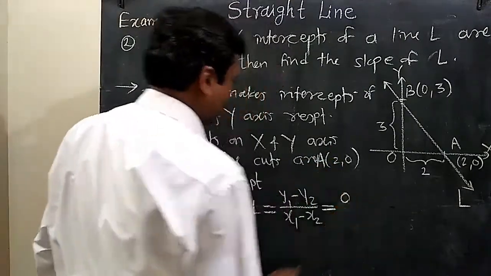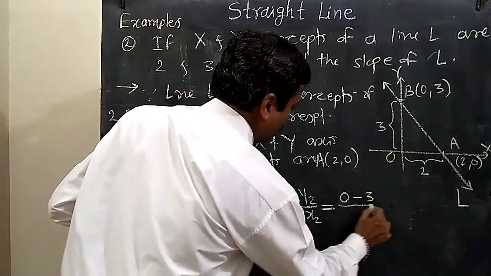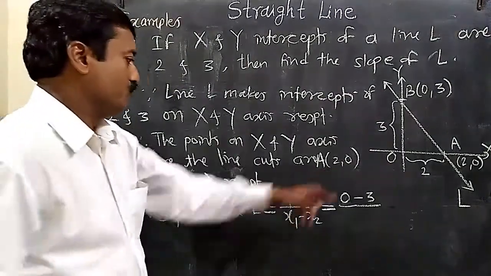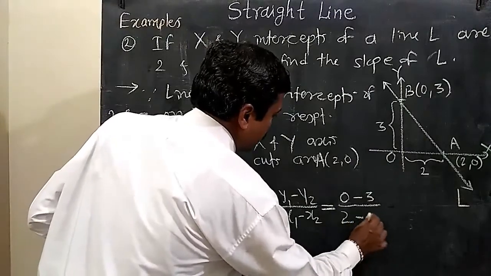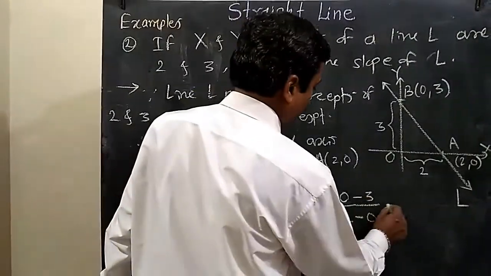Here y1 is 0 and y2 is 3, whole divided by x1 is 2 and x2 is 0. So it is equal to -3 by 2.